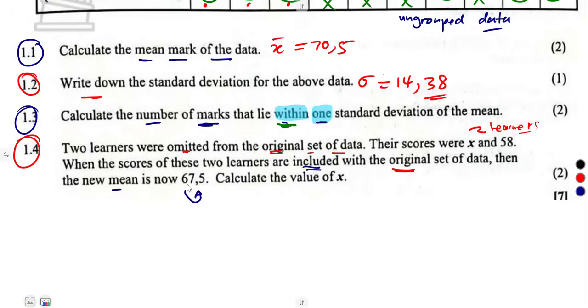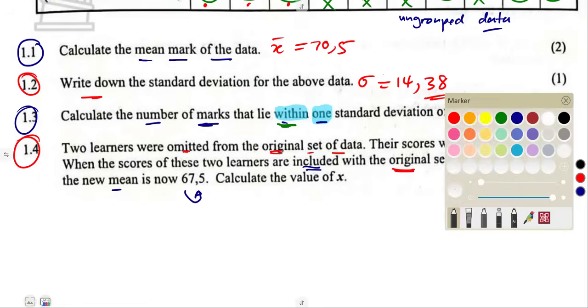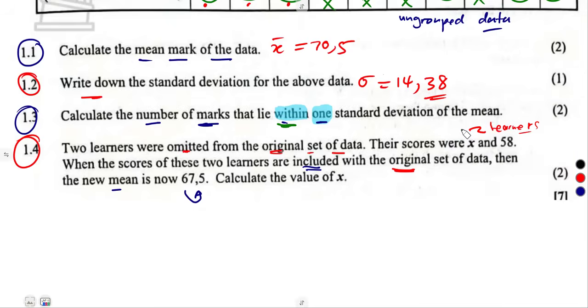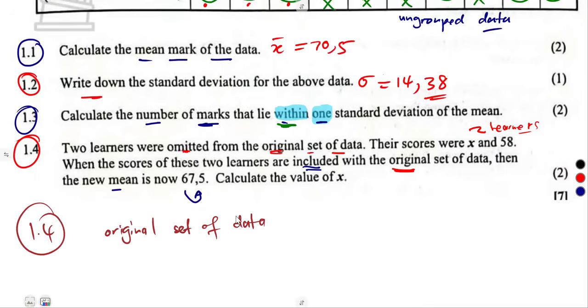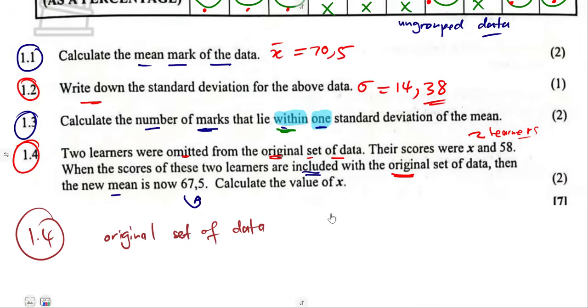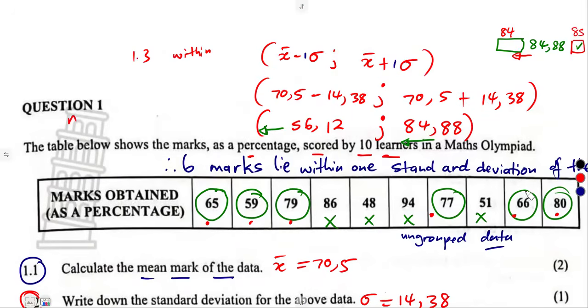So this is what we have, guys. The data before, which is our original set. The original set of what? Of data. In this case of our 1.4. The number of elements was 10, as we are given. There were 10 learners.